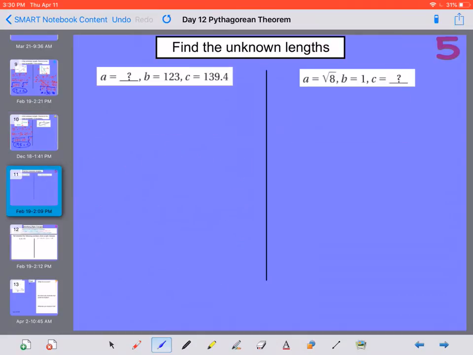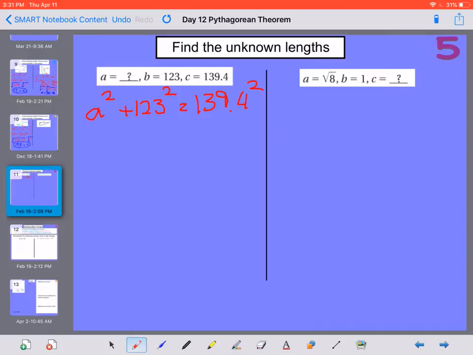Alright, so now we don't have a triangle, it's just asking us to find the unknown lengths. Now this first one, we don't know what a is, so we know that that's going to be a squared. B is 123, so 123 squared equals 139.4 squared.